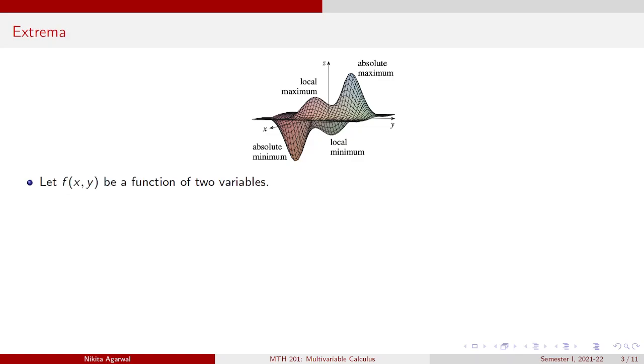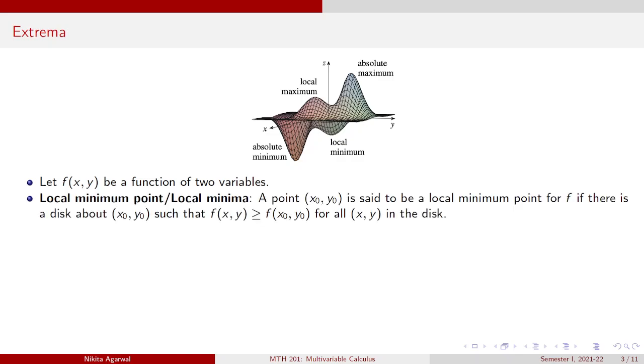So let f(x,y) be a function of two variables. Let us first define a local minimum point of this function. A point (x0, y0) is said to be a local minimum point for f if there is a disk about (x0, y0) such that f(x,y) is greater than or equal to f(x0, y0) for all (x,y) in the disk.